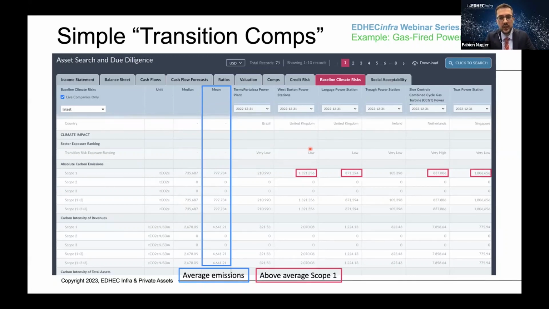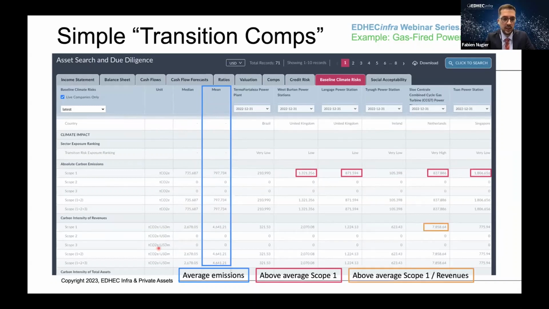So you can then look at different assets based on this mean. For example, you could use the median as well. And what you find is that 4 assets are above the mean. So those assets are emitting carbon in direct emissions, emitting more than the average.